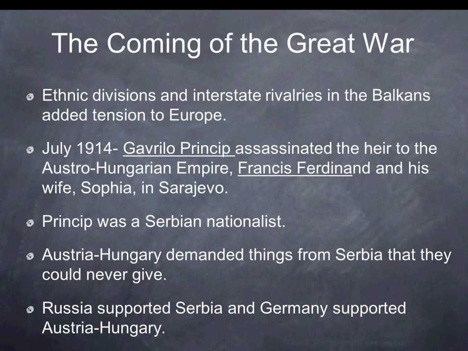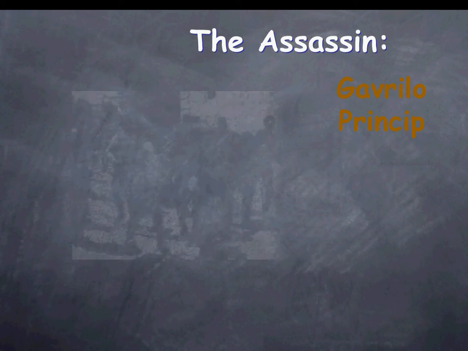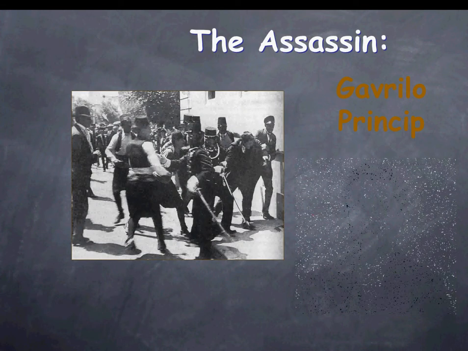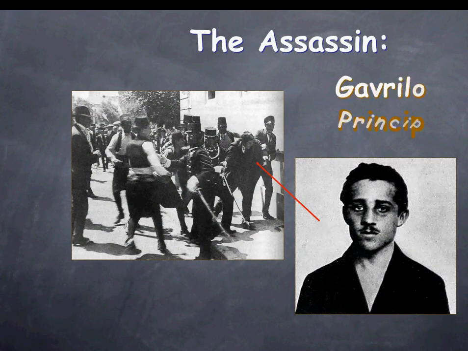So we have a lot of secret alliances going on during this time, and it's a chess game. And certainly, when the Archduke is killed, this is going to set things into motion. Here shows the assassination. Princip is responsible for killing the Archduke and his wife.